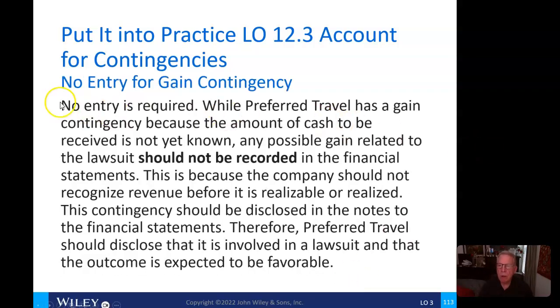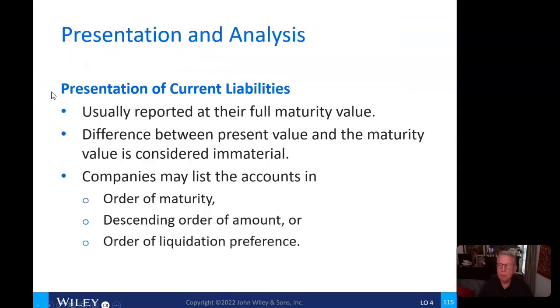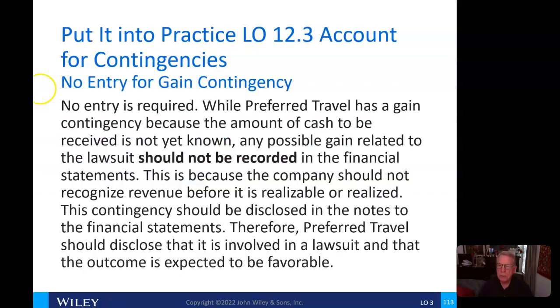Okay, so there's no gain entry for this gain contingency. While preferred travel has a gain contingency because the amount of cash to be received is not yet known, any possible gain related to the lawsuit should not be recorded in the financial statements.